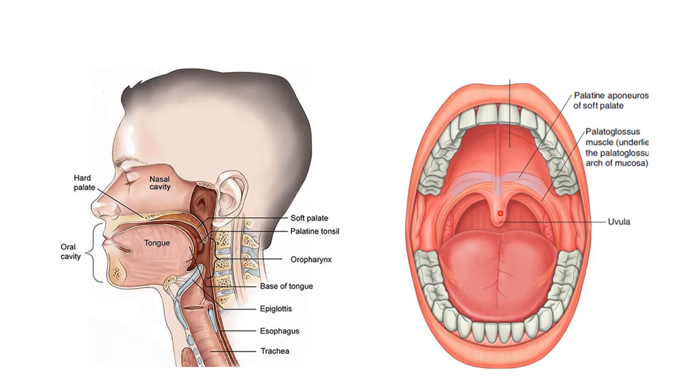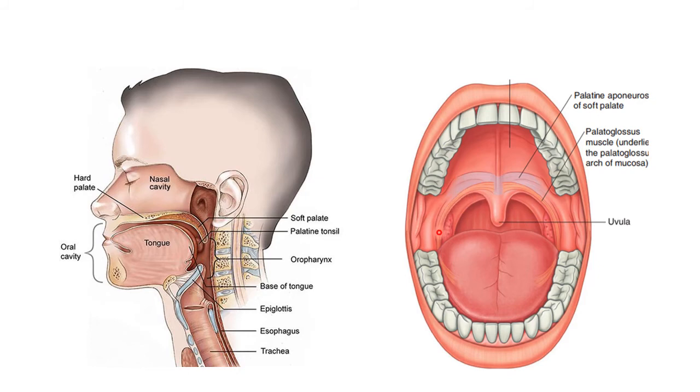On each side from the base of the uvula, two curved folds of mucous membrane extend laterally and downwards.